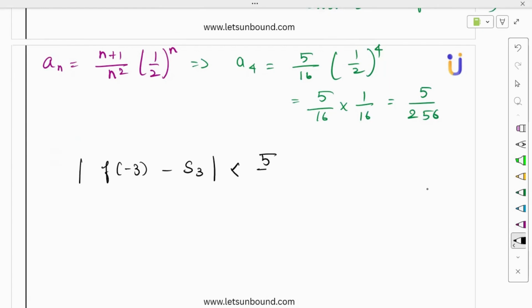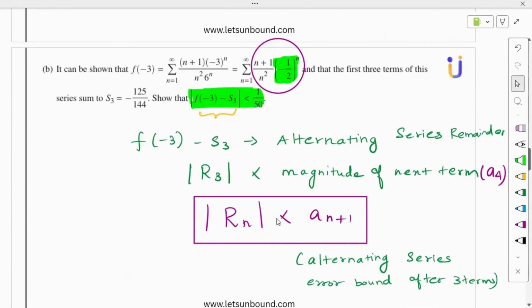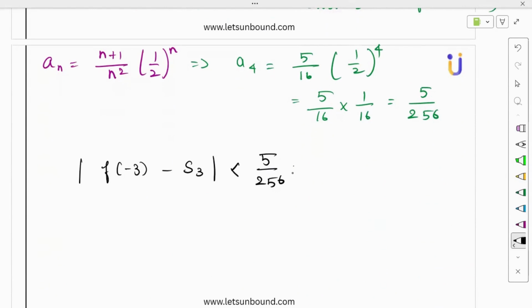A4 is 5 by 256. But what I have to prove is it should be less than 1 by 50. When you divide this, 5 by 256 is approximately 0.0195.